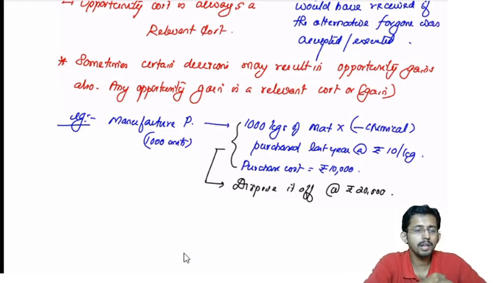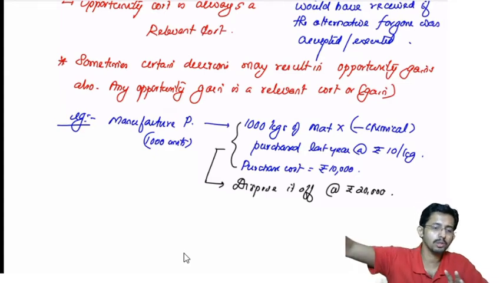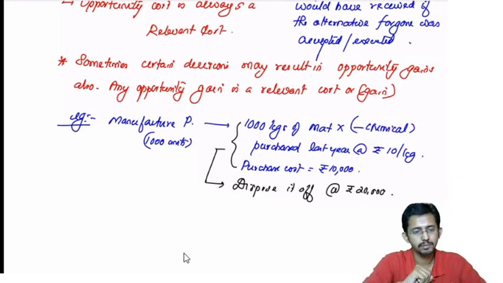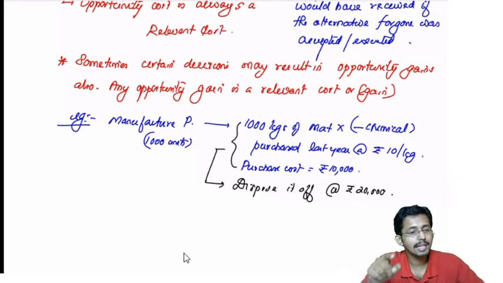So if you are using this material X for P, on one hand there is no relevant cost. On the other hand, there is a cost which you are saving by using material X for P, and that is what is known as the opportunity gain.